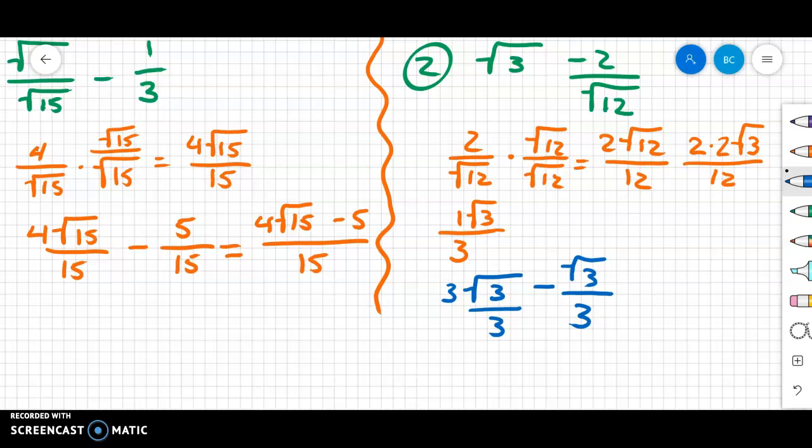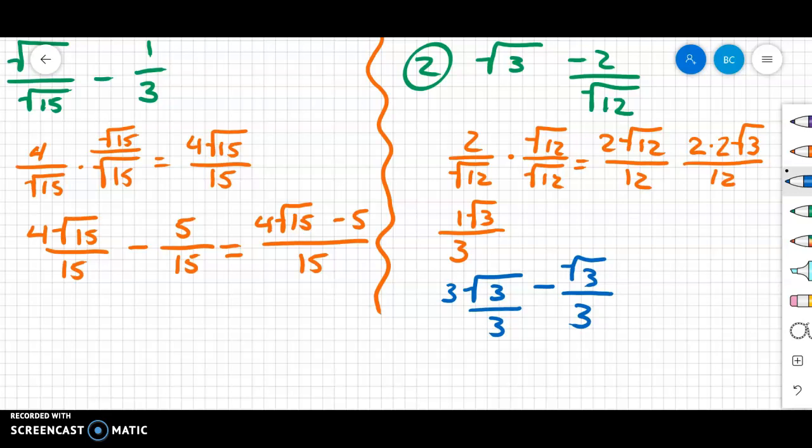Now I have 3 times some number minus 1 times the same number. So in this case, this is almost like saying 3x minus 1x, because the square root of 3 and the square root of 3 are the same number. I'm just saying it's x to think about it as a variable, because I know if I had given you 3x minus 1x, you would know that I could combine those like terms.